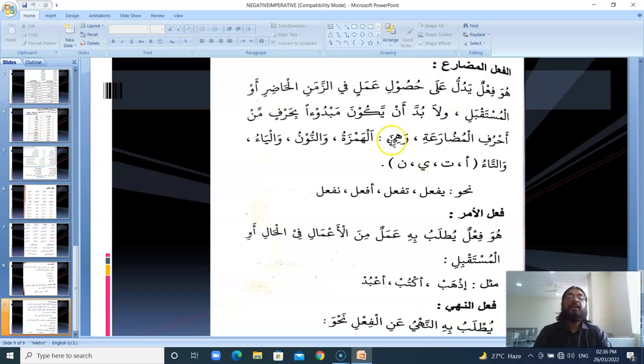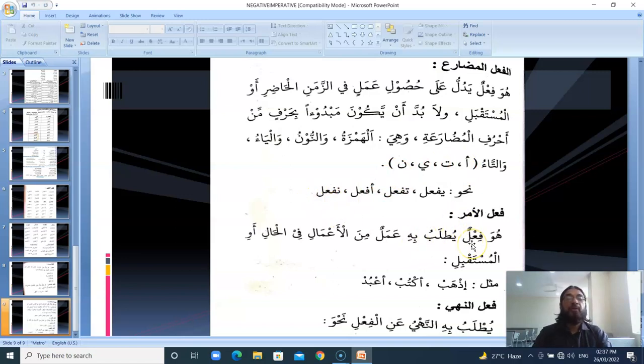That means in the beginning of the mudari, anyone will be there among these four, whether it will be Hamza, Alif, or Ta, Ya, or Noon in the beginning, like Yaf'alu, he does, Taf'alu, you do, Af'alu, I do or I am doing, Naf'alu, we are doing.